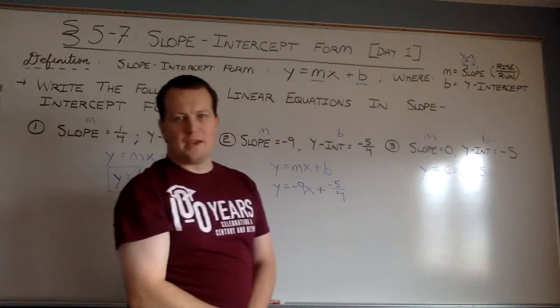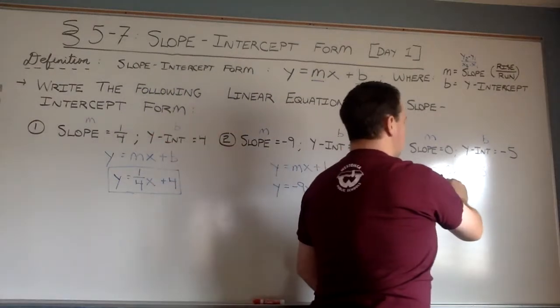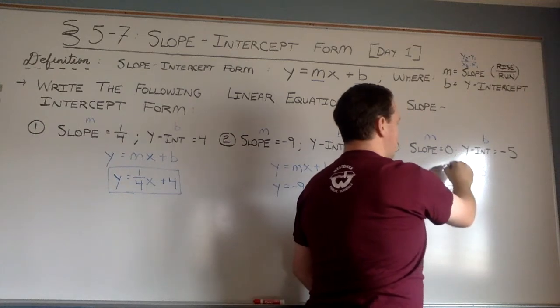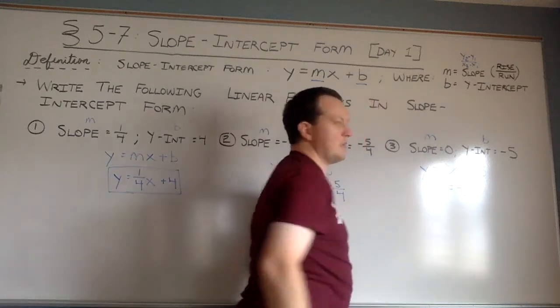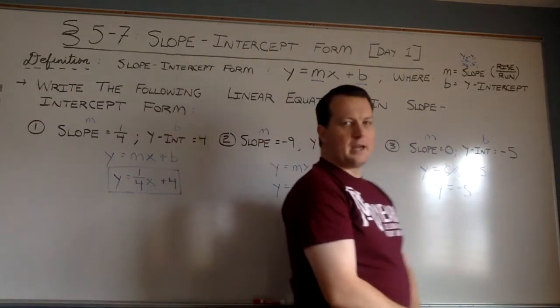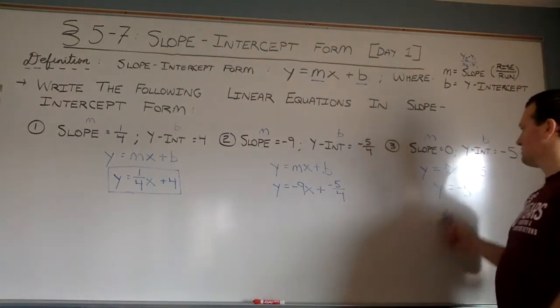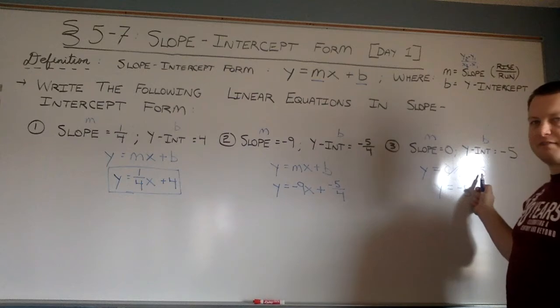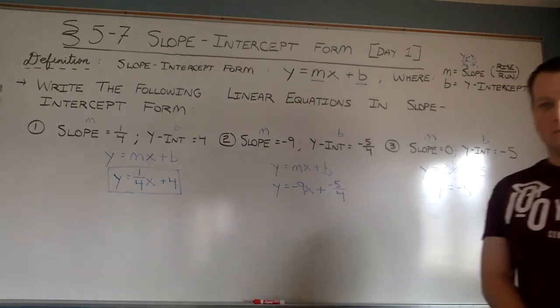Another way you could write that, 0x plus -5. 0x is the same as nothing. Plus -5 is just like y equals -5. So either way you look at it is just fine. Y equals 0x plus -5, or if you just have y equals -5, either way is good there.